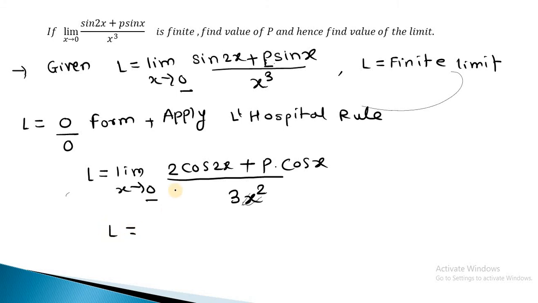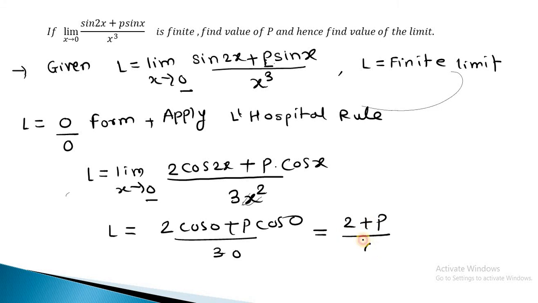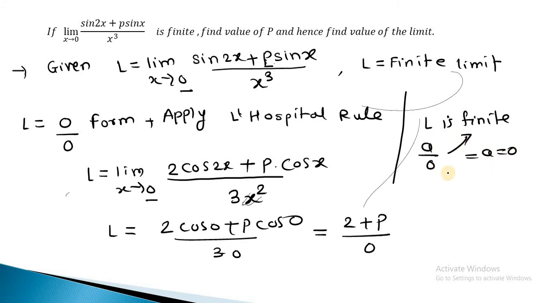So what we get? 2 times cos 0, so cos 0 is 1, plus p times cos 0, upon 3 into x square, which is 0. So what we get? 2 plus p upon 0. But what is given? L is finite. If some a by 0 is finite, what it implies? a must be 0.